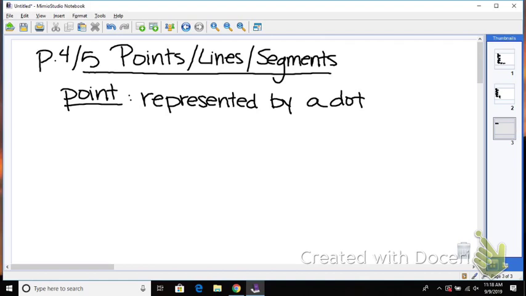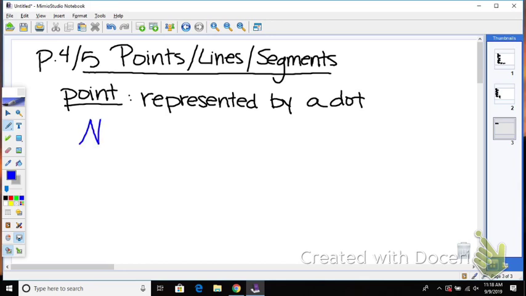And underneath this, I'm going to show you how you're going to name it. The way you name a point is you use one letter.